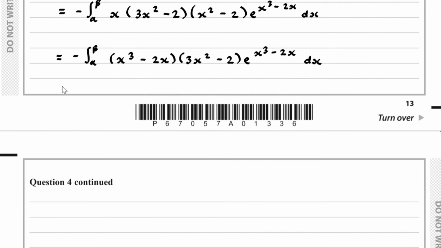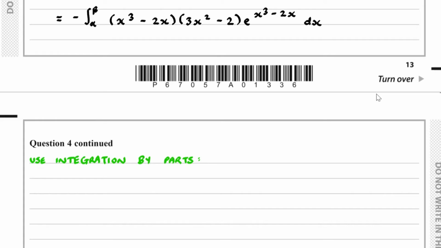Now to integrate this, we can use integration by parts. So if we use integration by parts, if I say that u is equal to x cubed minus 2x, from this we can work out what u dash is. That's 3x squared minus 2. And v dash will equal 3x squared minus 2 e to the x cubed subtract 2x.